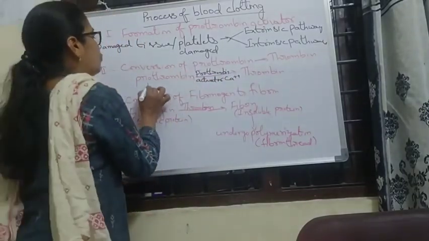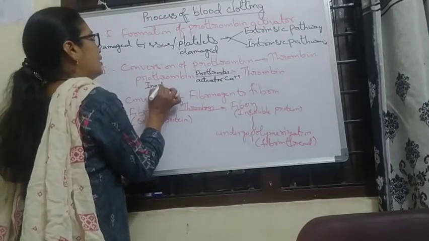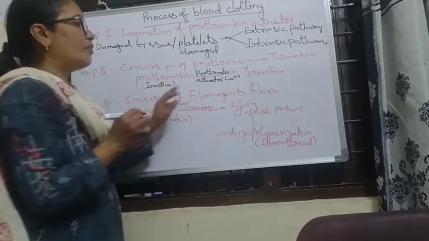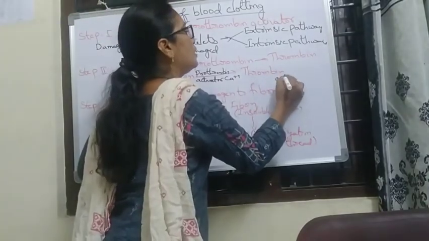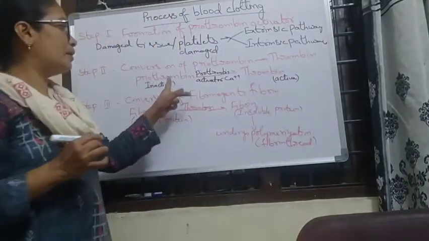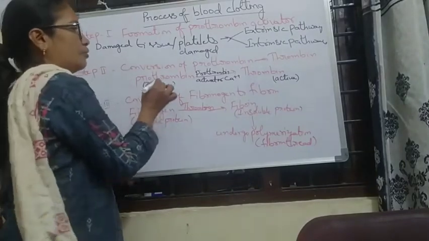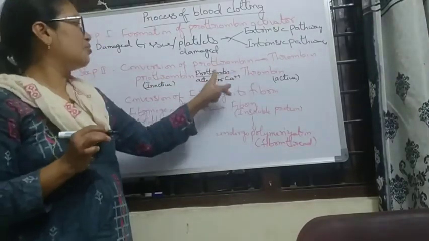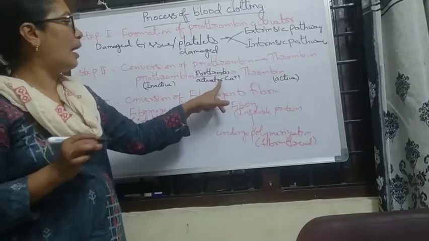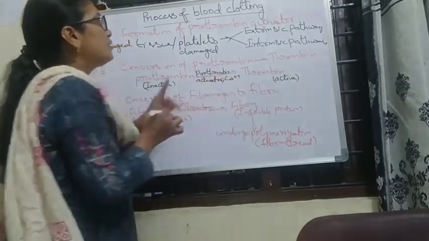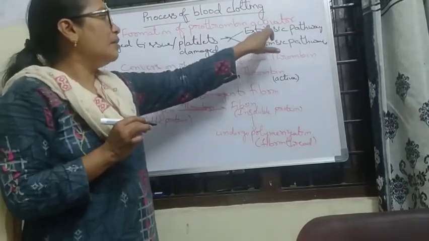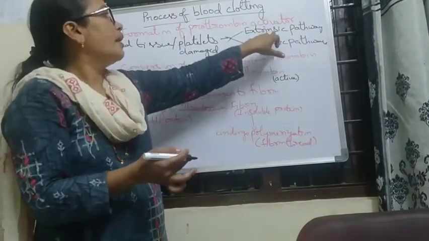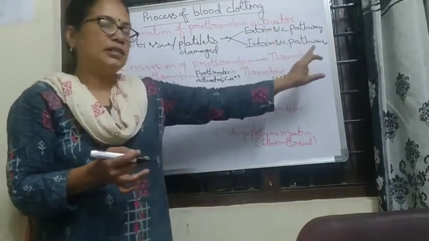It is the inactive one, and it is converted into thrombin, the active one. In the second step, the inactive prothrombin is converted into thrombin in the presence of prothrombin activator and calcium ions, which is produced by the extrinsic pathway and intrinsic pathway.